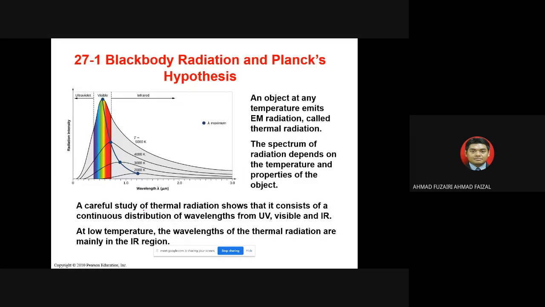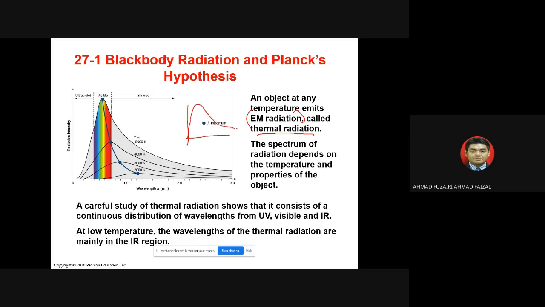So the very first part is black body radiation, which you already learned in the videos: the spectrum of radiation from objects at different temperatures. Objects at any temperature emit EM radiation, which we also call thermal radiation.